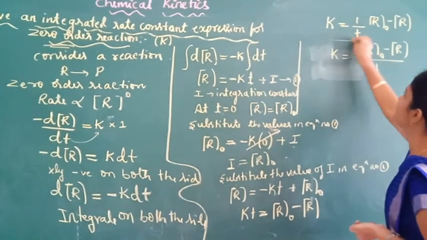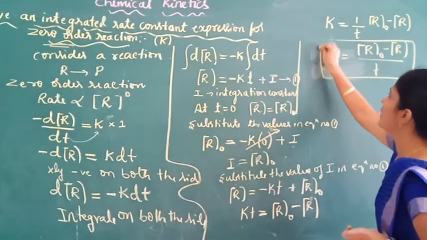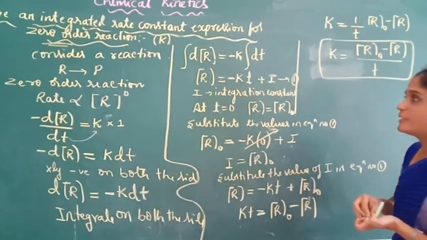So this is the integrated rate constant expression for zero order reaction.